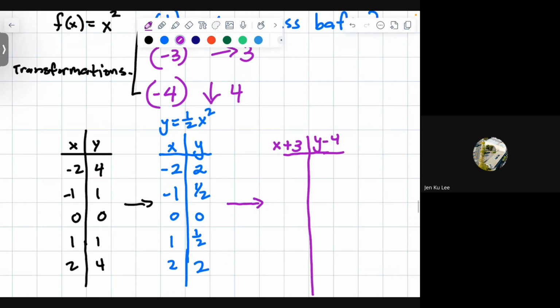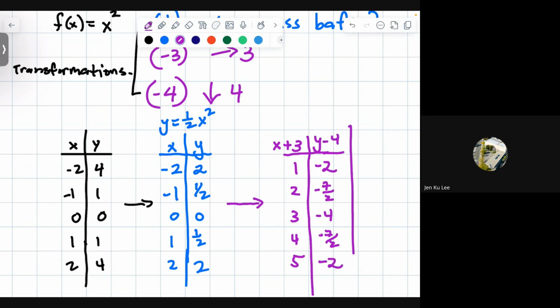Okay, so -2 plus 3 is 1, and then 2, and then 3, and then 4, and then 5. 2 minus 4 is -2. 1/2 minus 4 is -7/2. 0 minus 4 is -4. 1/2 minus 4 is -7/2. 2 minus 4 is -2.